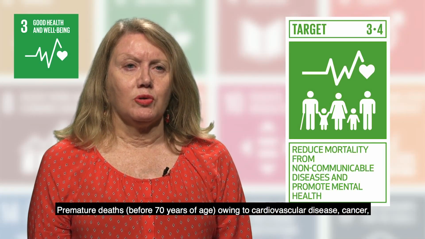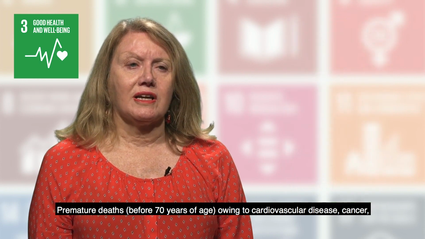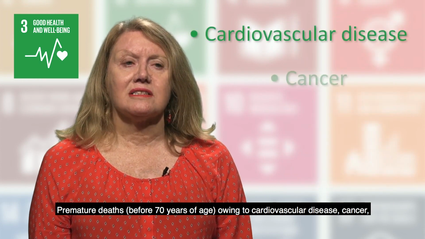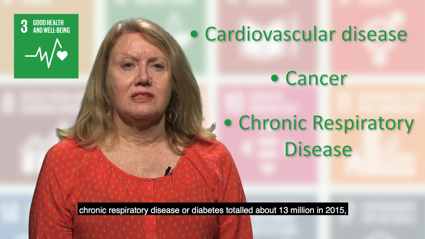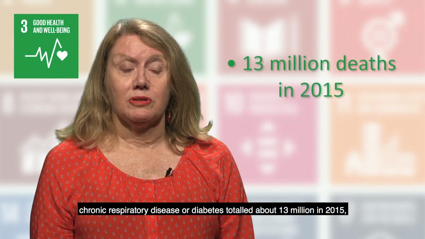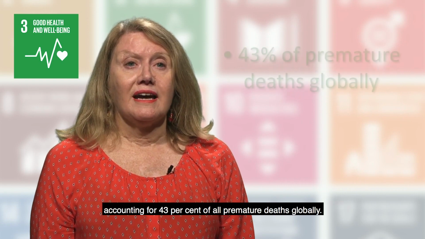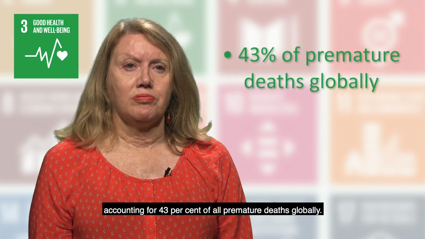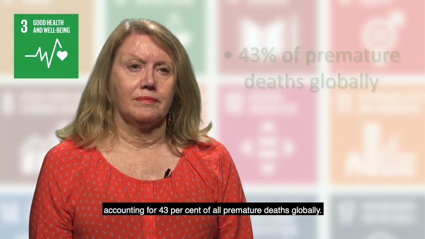Premature deaths before 70 years of age owing to cardiovascular disease, cancer, chronic respiratory disease or diabetes totalled about 13 million in 2015, accounting for 43% of all premature deaths globally.